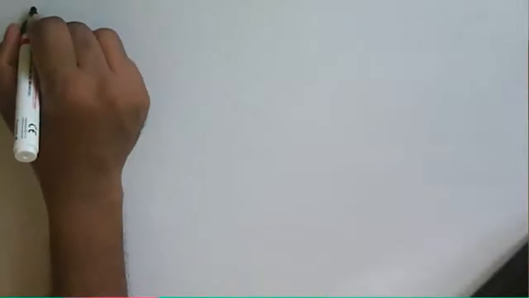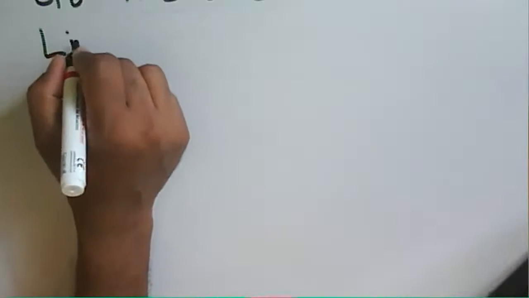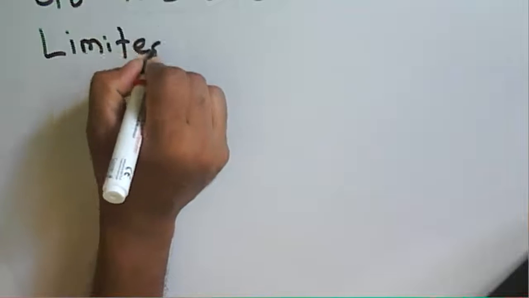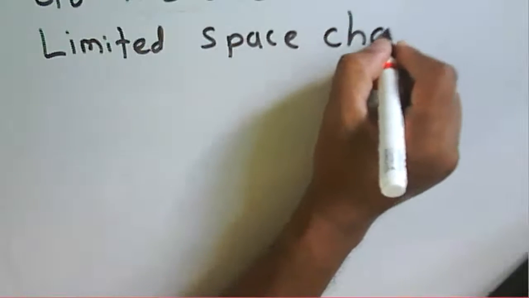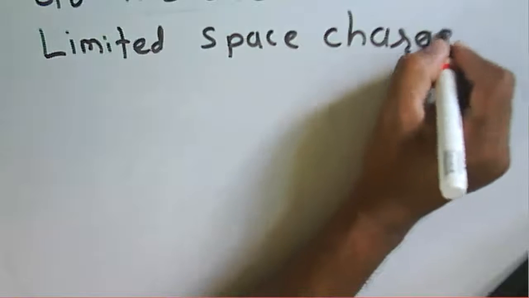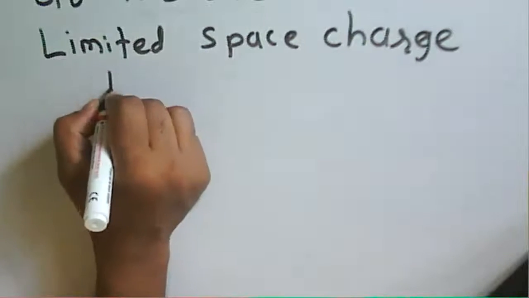So we will see how this Gunn diode works. Another mode is the limited space charge accumulation mode.